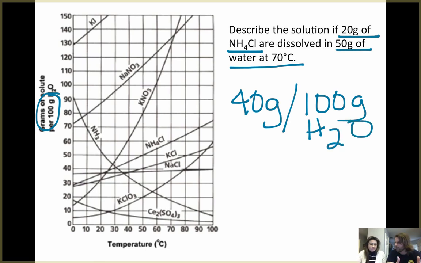This is the way we can read it on our actual graph. If we have 40 grams of ammonium chloride at 70 degrees, we're right here.